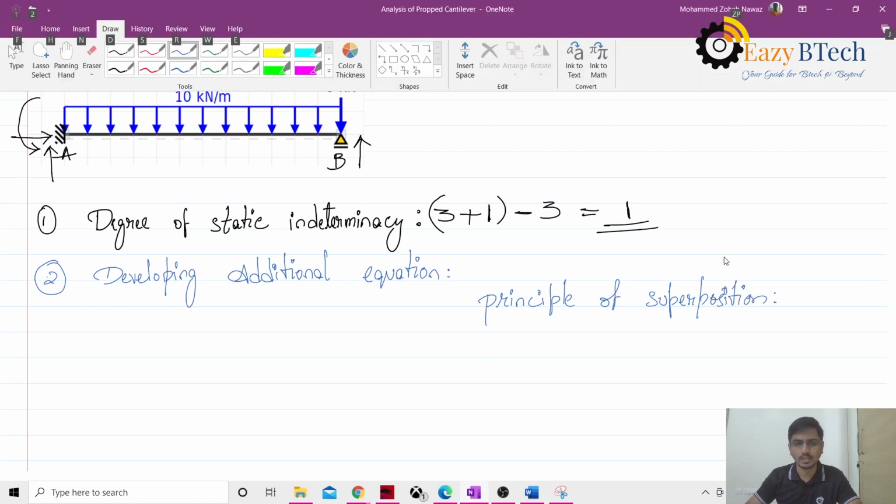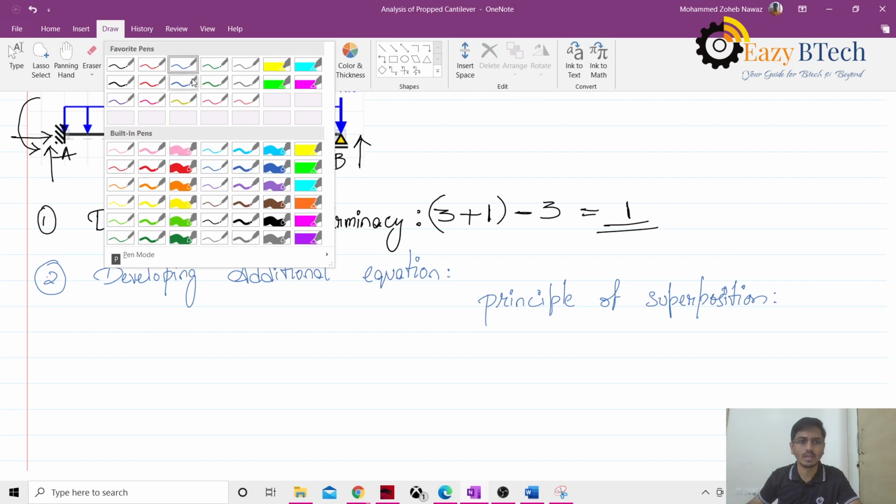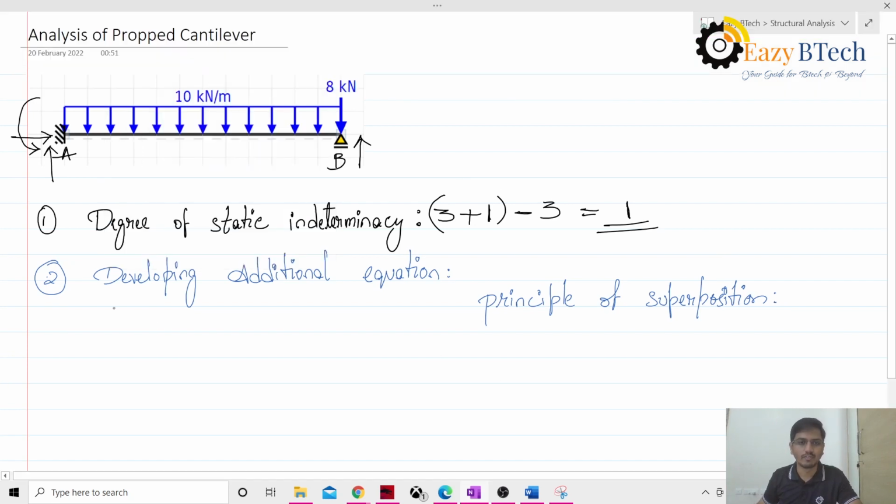What we learn in the principle of superposition is that if we have a structure, we convert that structure into simple structures, such as like this. Since this is a complex structure, first we take a simple cantilever with a UDL of 10 kilonewton per meter. We'll analyze this and get the deflection.